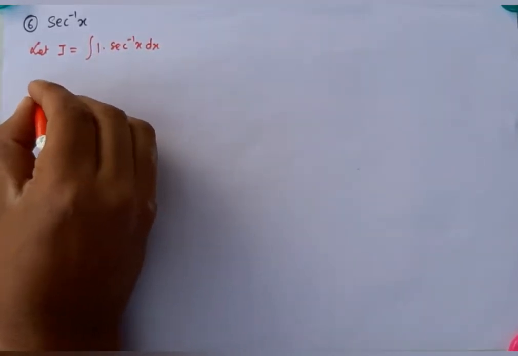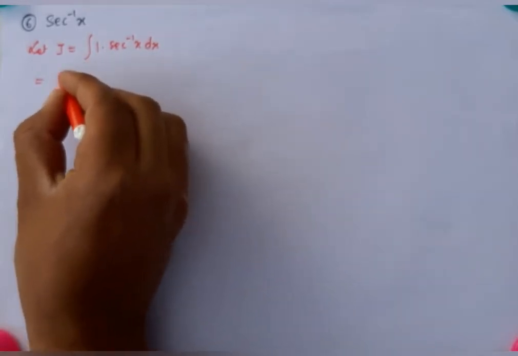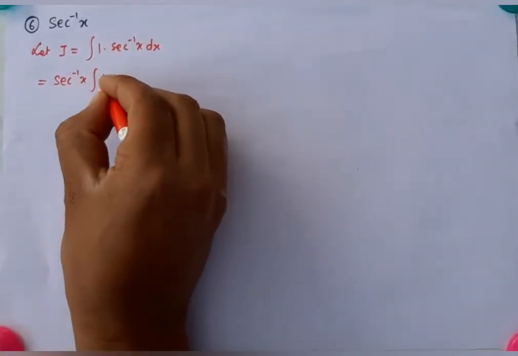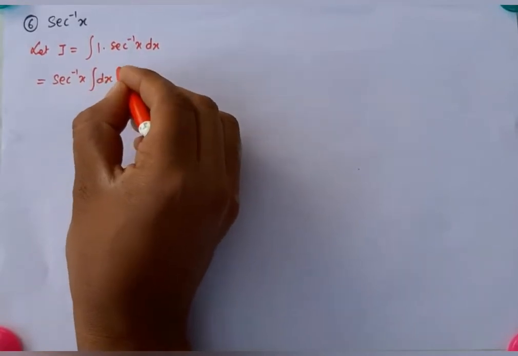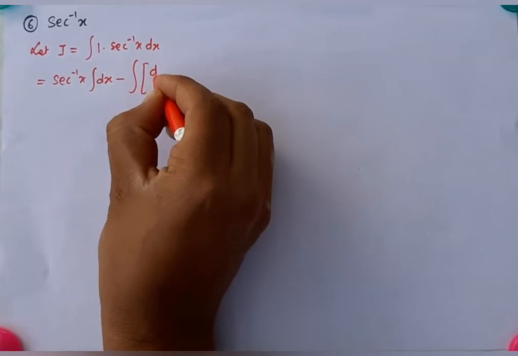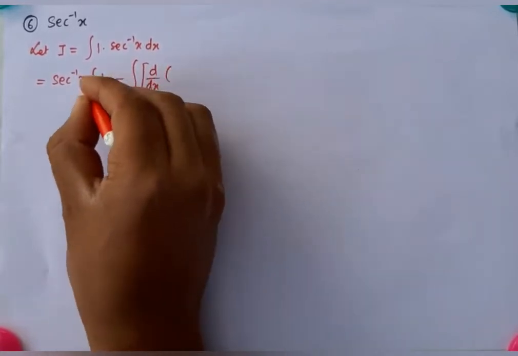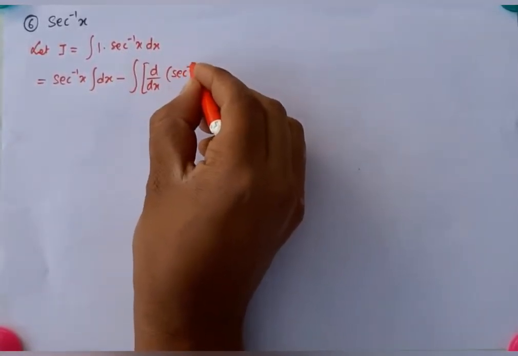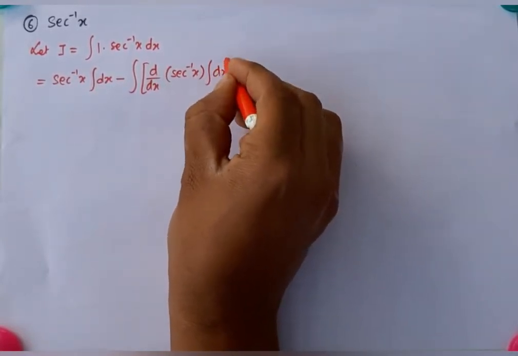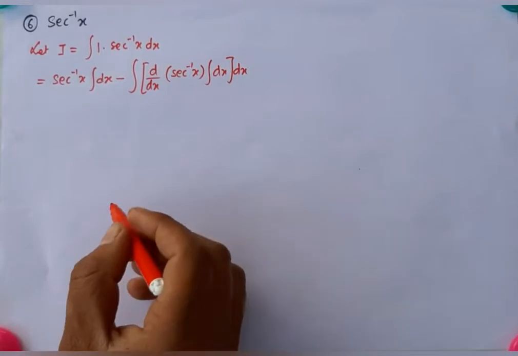So f1 is sec inverse x, integral of the second function, that is 1, becomes just dx, minus integral of d by dx of sec inverse x into integral dx, and outside also we have to put dx.